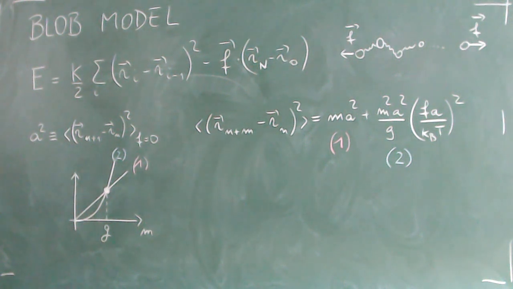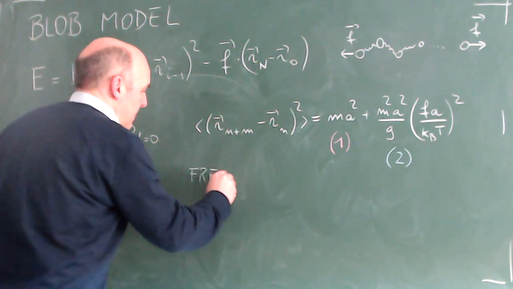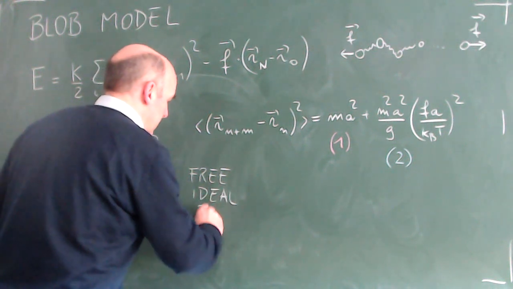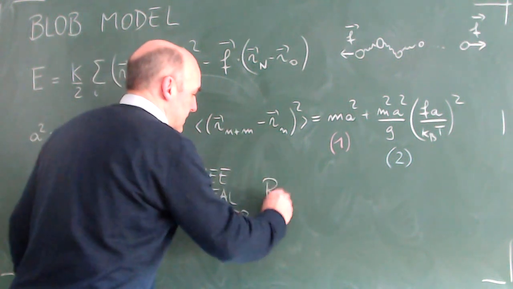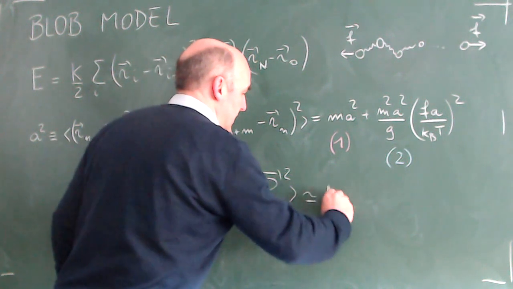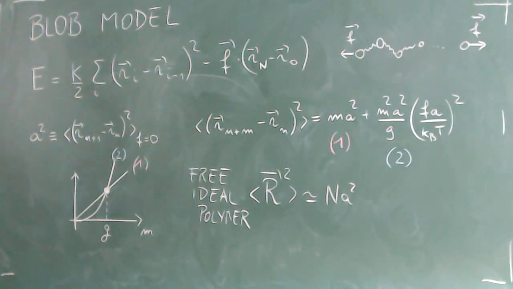You remember that for a free ideal polymer, the end-to-end distance squared scales as n a squared, which is exactly the first term, okay? And this first term refers to two internal monomers of the system, all right?